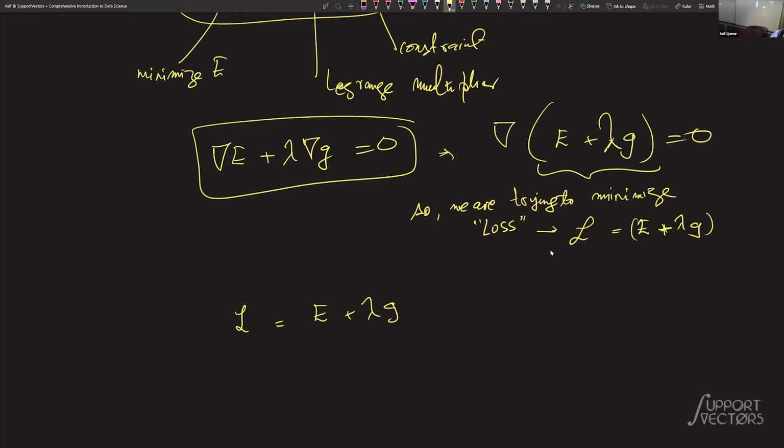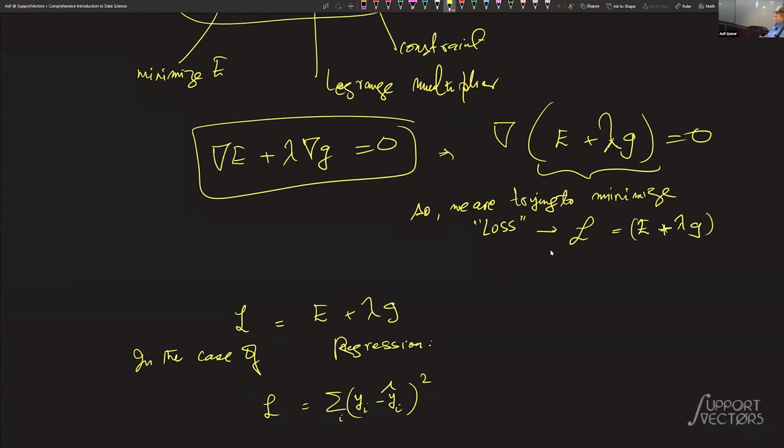Then in the case of regression, remember what this is, E is the sum squared error, yi minus yi hat squared, isn't it?